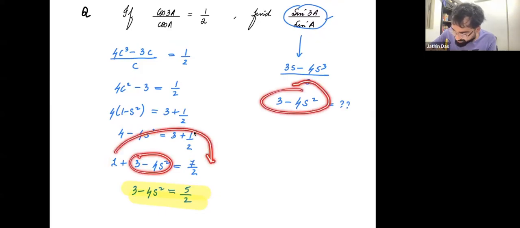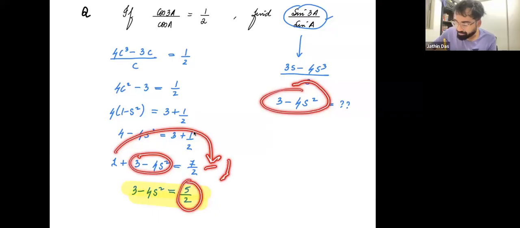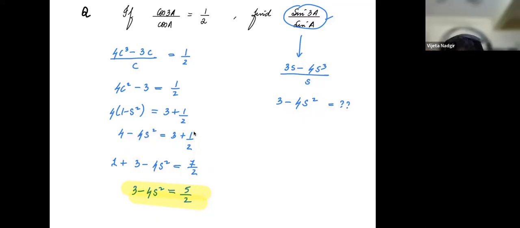So I got the 1 here, minus 1. So 7 by 2 minus 1, we'll get 5 by 2. Clear what I did?